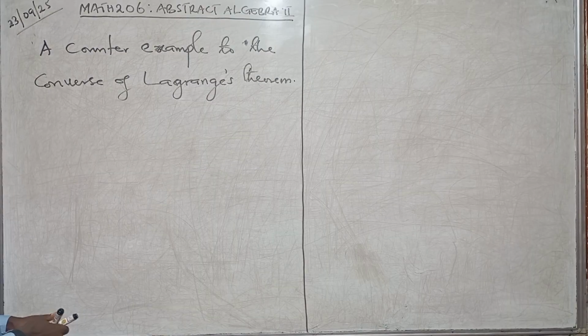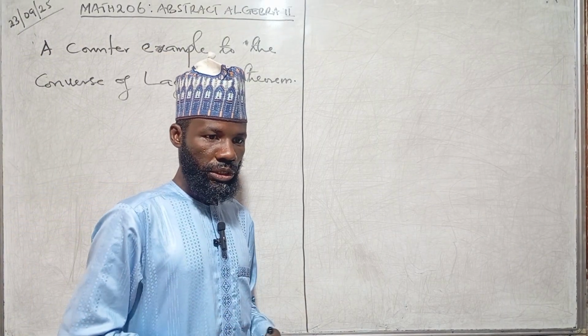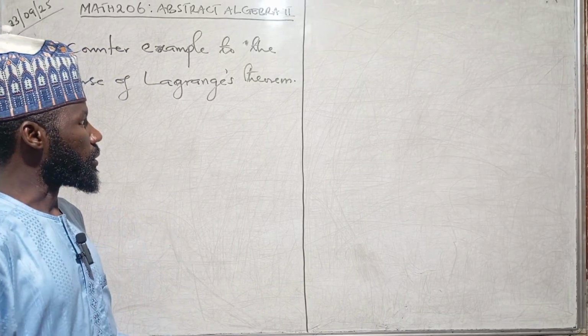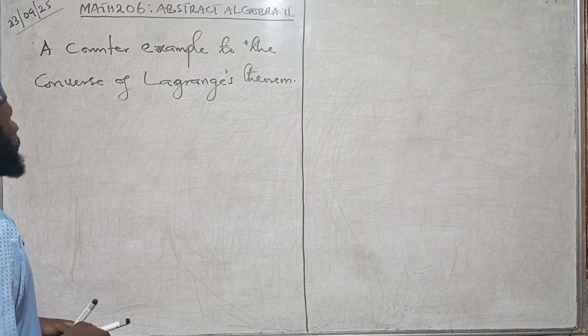So we are going to look into the symmetric group. You can still remember what a symmetric group is. It is a group of permutations on n symbols. So we look into S4.